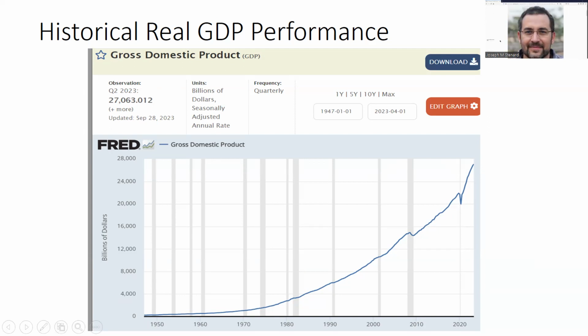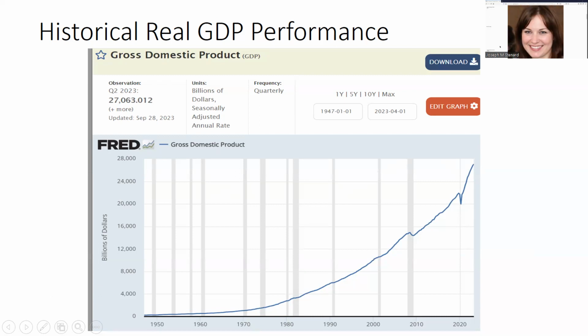However, what you see is I went back to just after World War II. You can see that the GDP in billions of dollars, you might say 4,000 billion is 4 trillion. So the economy didn't hit 4 trillion until just after the 80s, but the amount of GDP that the country was producing continues to increase.